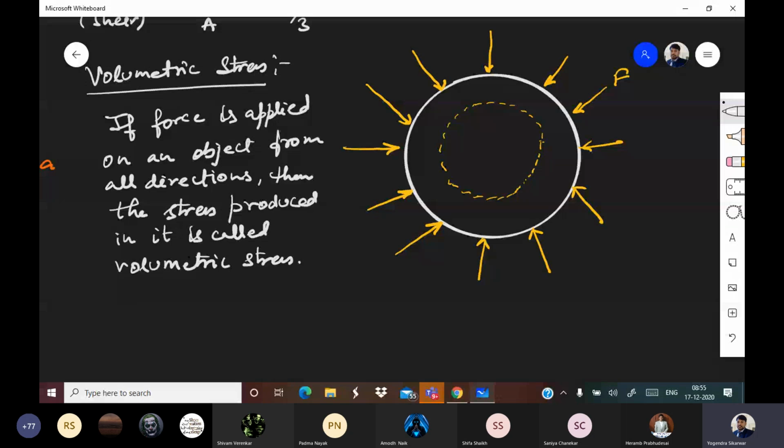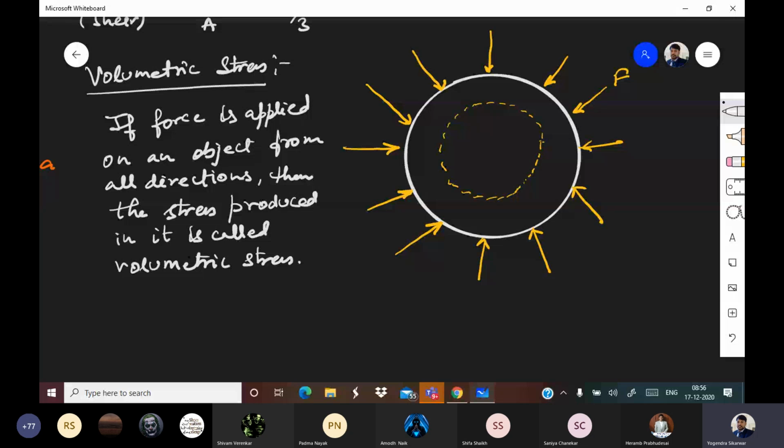So the interesting thing is the volumetric stress in liquids and gases is called pressure. But if we are talking in terms of solids, then we use the word volumetric stress. So volumetric stress becomes pressure if you are talking in terms of liquids and gases. Okay, remember this fact.